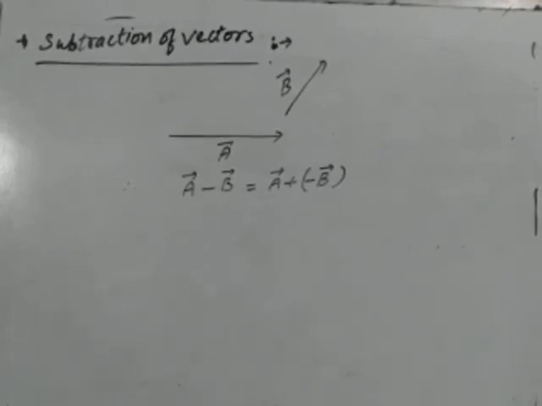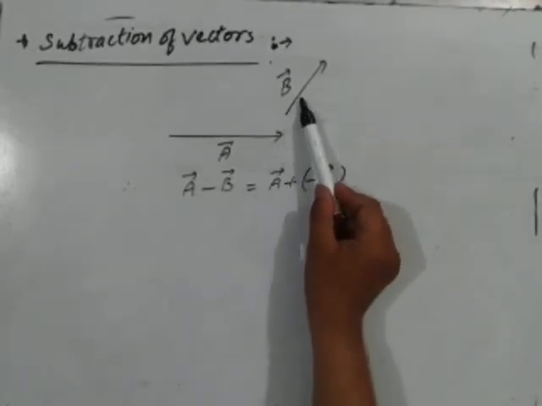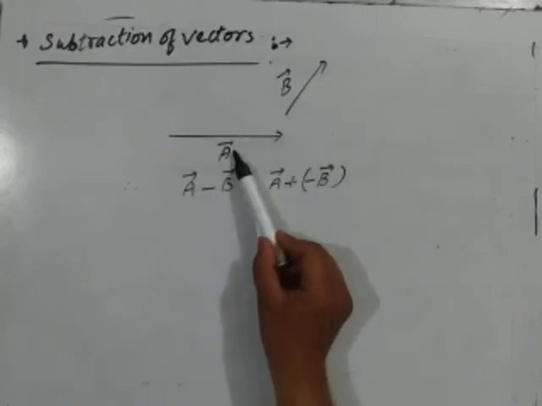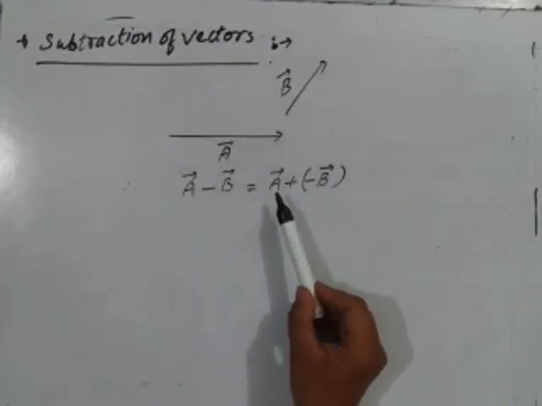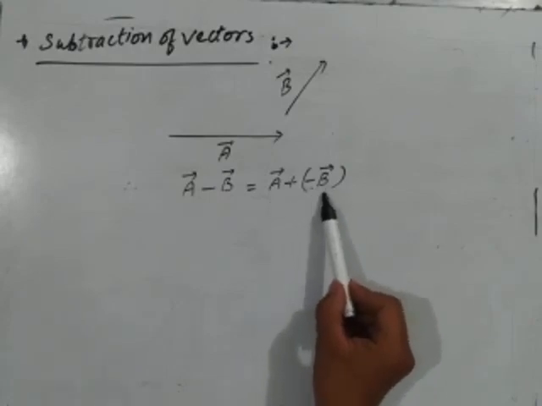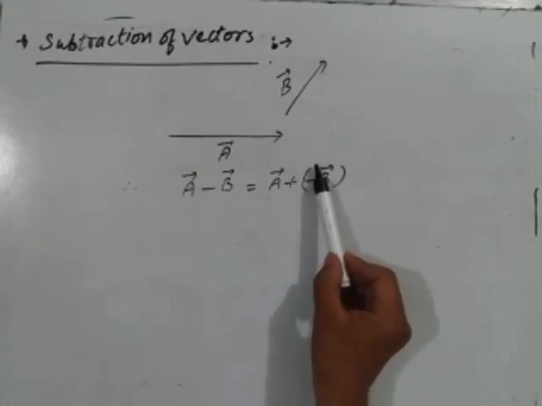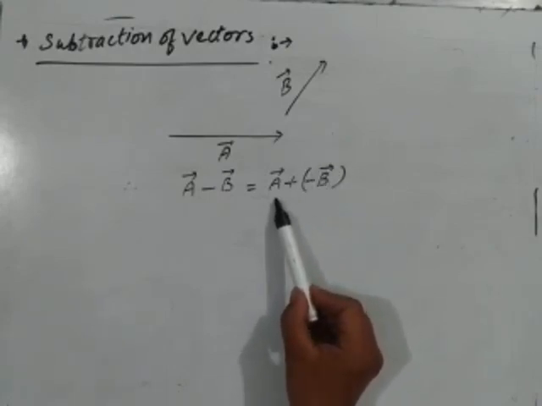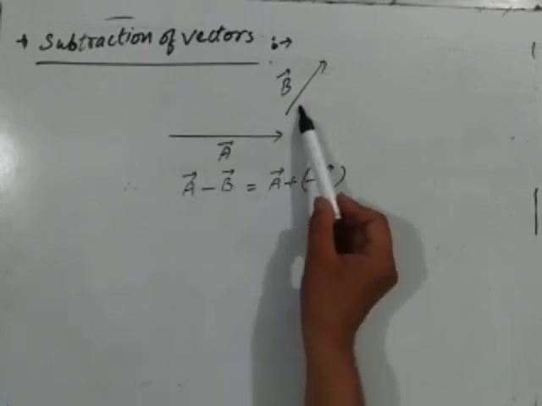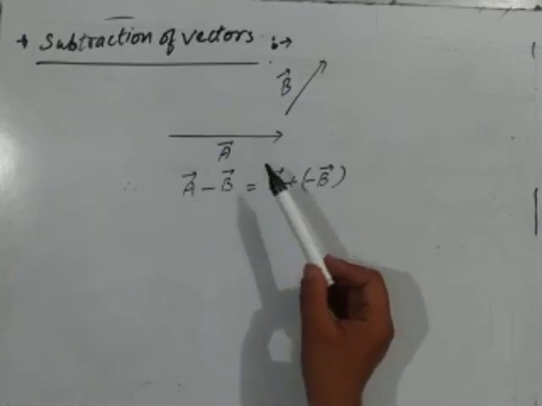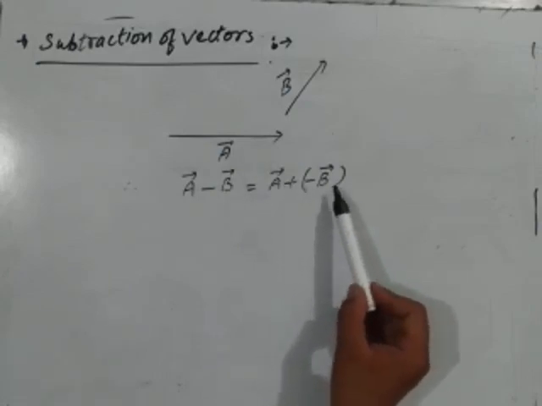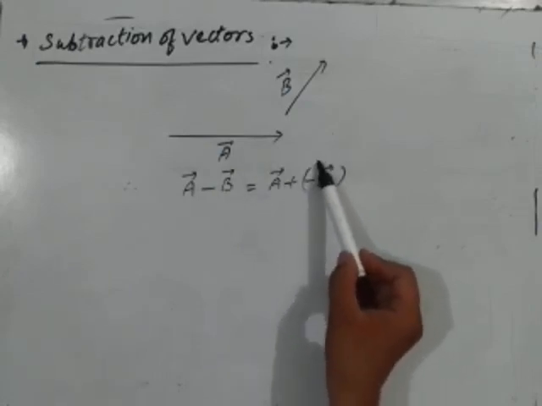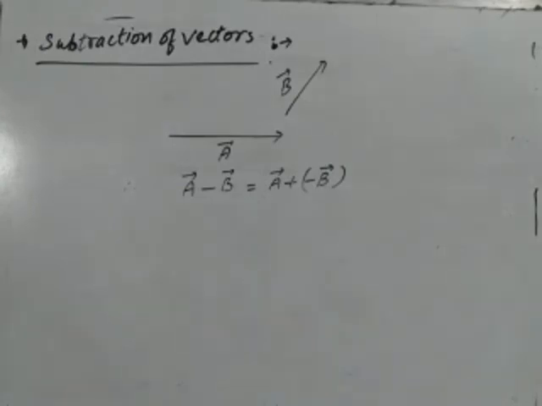For reducing B vector from A vector, we will simply add negative of B vector to vector A, and we will get the result.